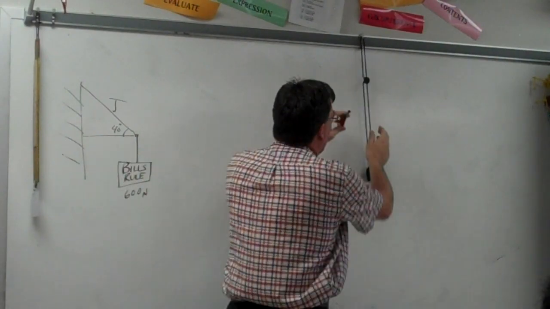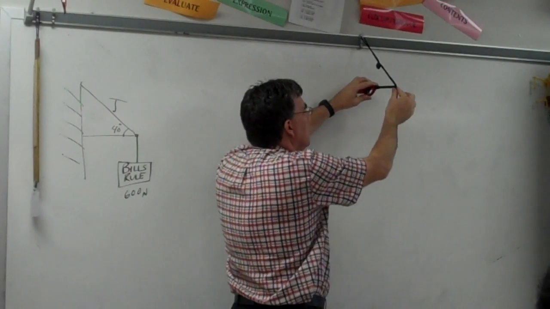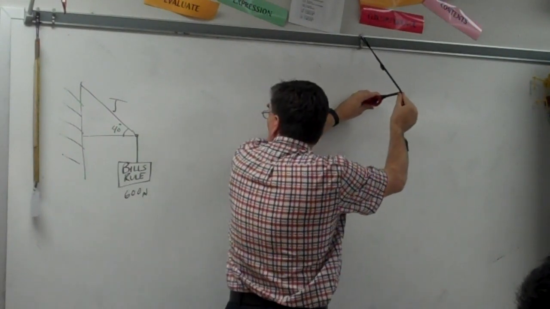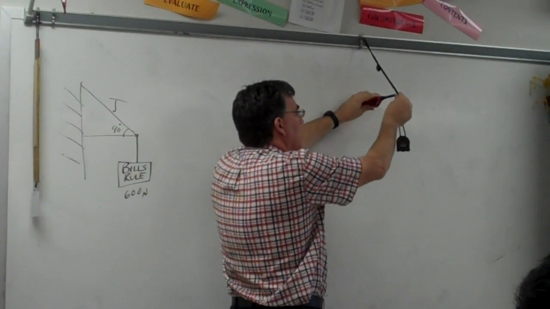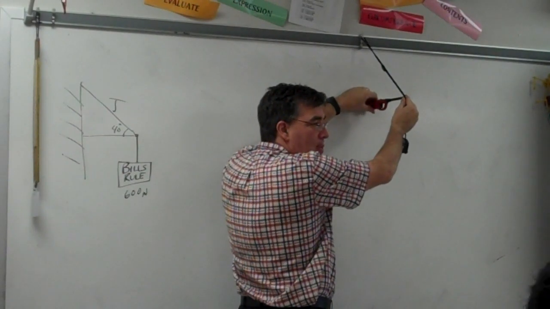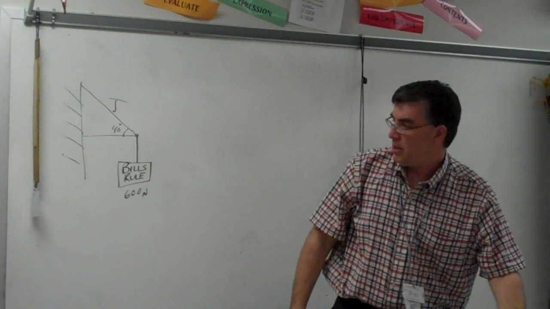So the way it would be set up is like this. The angle that this makes with the horizontal is a 40-degree angle right there. And the question is, what's the tension in that chain? So that's the way it's supposed to be set up.